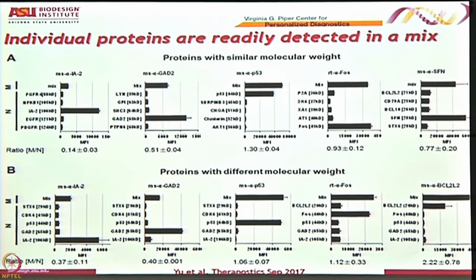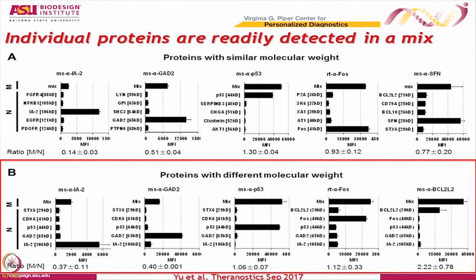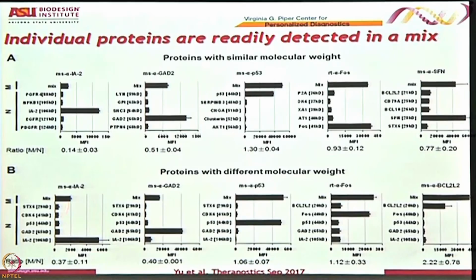But then Xiaobo, who did this work, decided, what the heck? Let's just see what happens if we mix them randomly. Is it a problem? And he did that down here. So this is 100 kilodaltons. Here's 23 kilodaltons. And yet we still detected this one, even though these guys are much smaller than that one. So even though they were smaller, they didn't seem to inhibit.